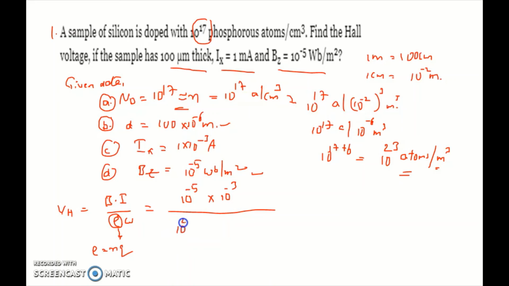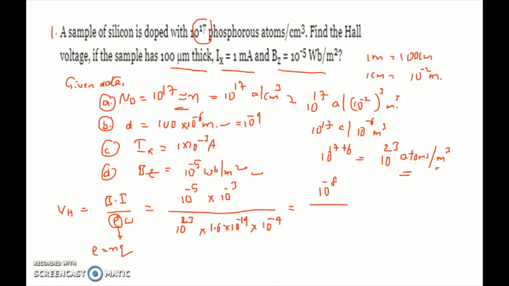So here I am taking 10 to the power of 23 into q, where q is the charge of the electron, that is 1.6 into 10 power minus 19, into the width, which is 100 into 10 power minus 6, that becomes equal to 10 power minus 4 meters. So 10 power minus 4. Okay, so it is a concept. So if we are solving here, the numerator becomes 10 power minus 8, divided by 10 power minus 19 and 10 power minus 4, that becomes 10 power minus 23.